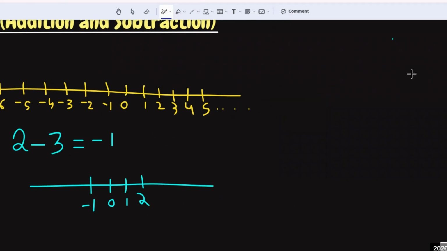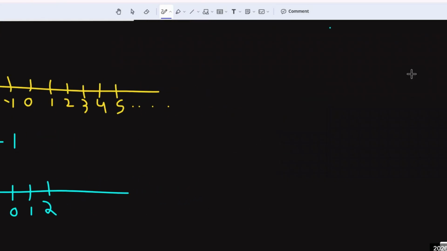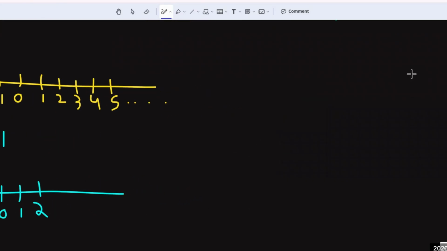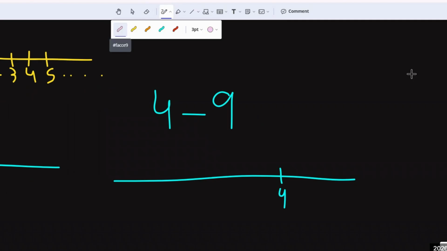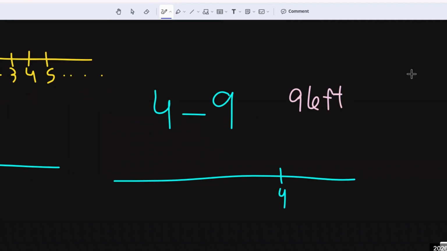Okay, next we have a question, 4 minus 9. Again you need to plot 4 on the number line, and this is -9. It is not +9. It is -9, which means 9 units left. So draw 9 lines. 1, 2, 3, 4, 5, 6, 7, 8, 9.